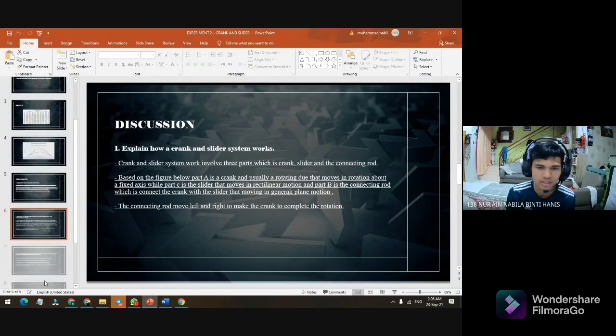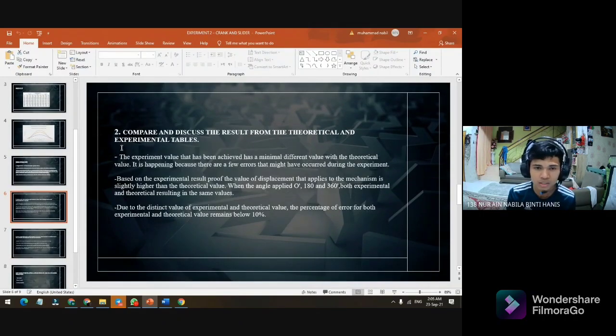The next question is to discuss the results from the theoretical and experimental tables. The experimental values achieved have a minimal difference from the theoretical values. This happens because there are a few errors that might have occurred during the experiment.